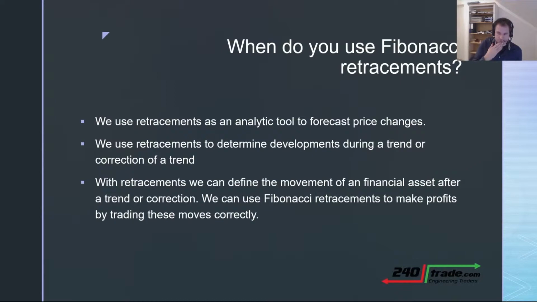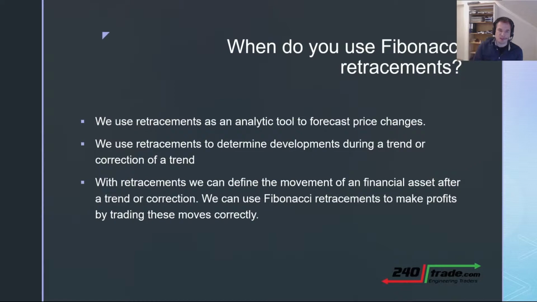To give a small recap, we use the retracements as an analytic tool to forecast price changes. Well, that's obvious. We use retracements to determine developments during a trend or correction of a trend.